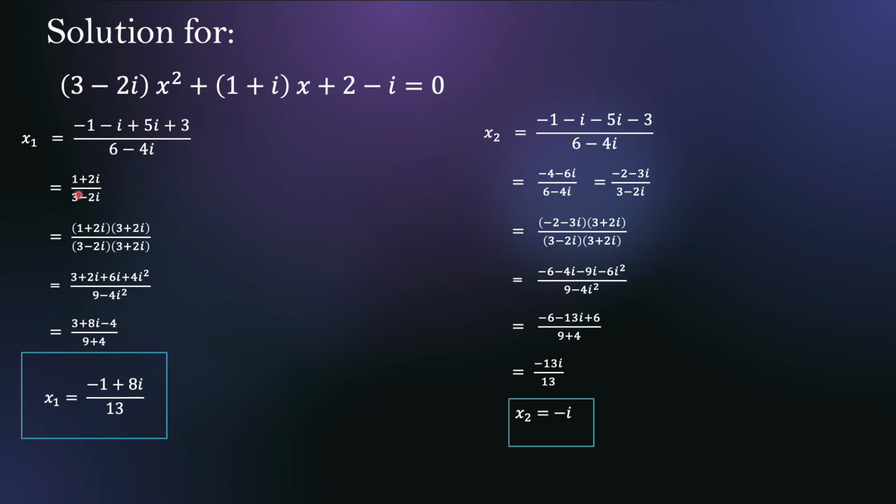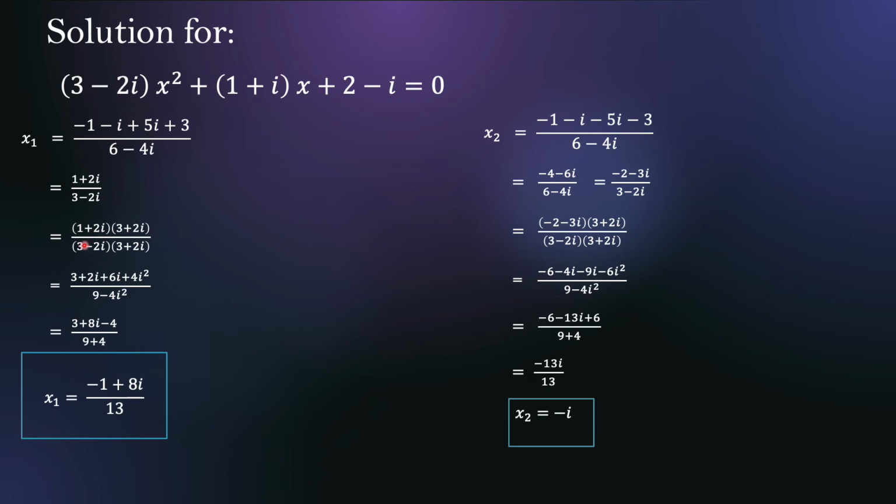So I multiply the denominator and the numerator by the conjugate of the denominator. To get the conjugate, we just change the sign before the complex part. Here we have negative 2i, its conjugate is going to be plus 2i. So the conjugate of 3 minus 2i is 3 plus 2i, and I multiply both top and bottom by 3 plus 2i.